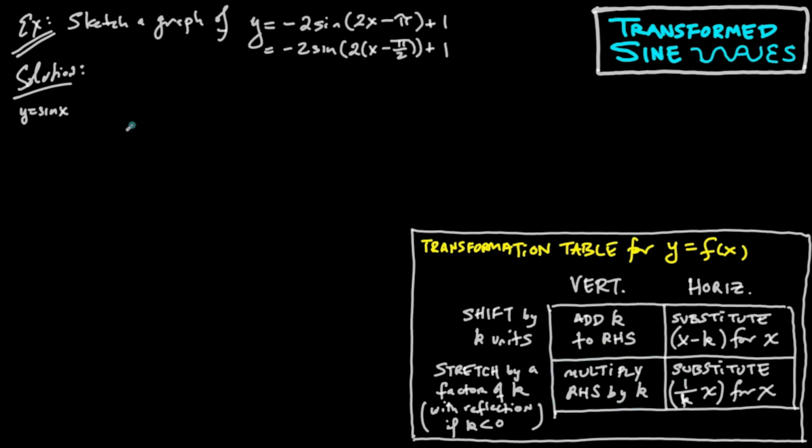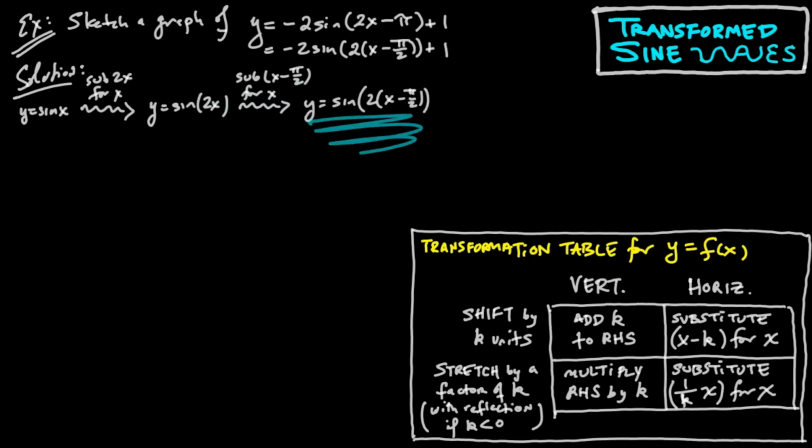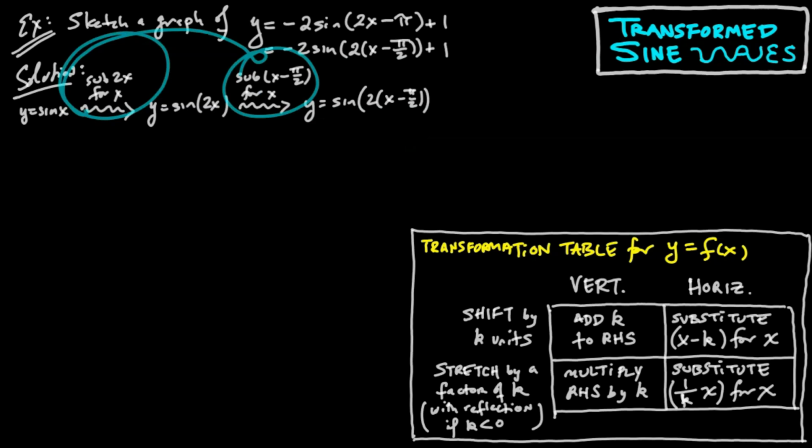So instead, we can get from x to this stuff by a sequence of 2 substitutions, but the order is very important. What we're going to do is first substitute 2x for x, so that we get y equals the sine of 2x, and then substitute x minus pi over 2 for x, which will give us the thing we wanted. Very good. And do you see why I could not have done those substitutions in the reverse order?